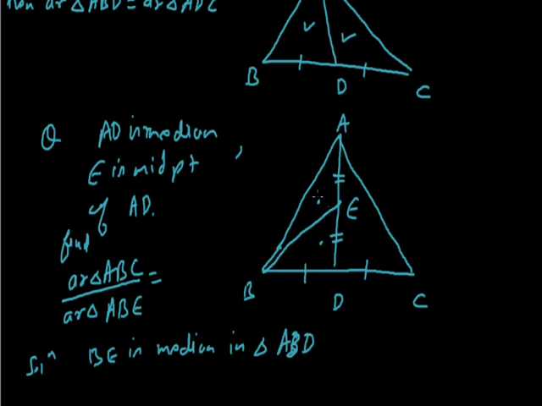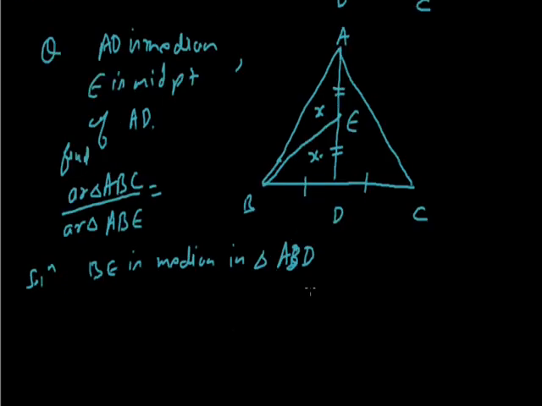Let's say the triangle ABE is x square units. In the same way, the triangle BDE is also x square units. We know that the median divides the triangle into two triangles which are equal in areas. So these two triangles have the same area, x square units.